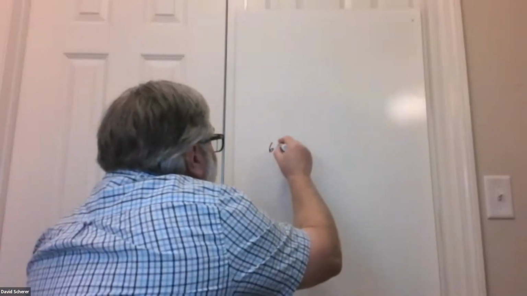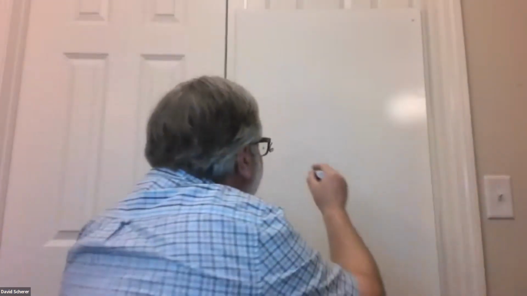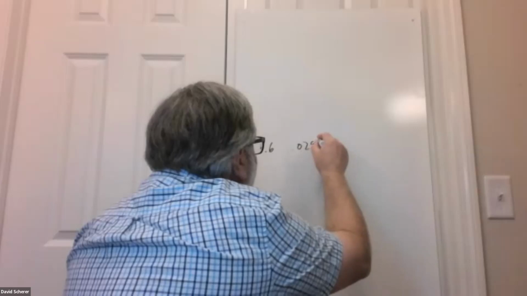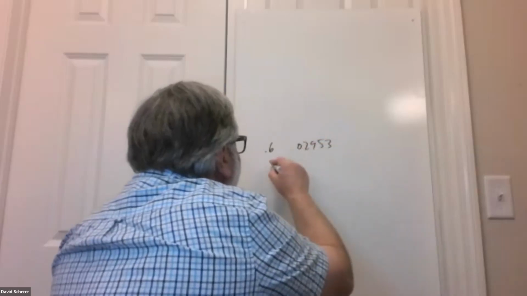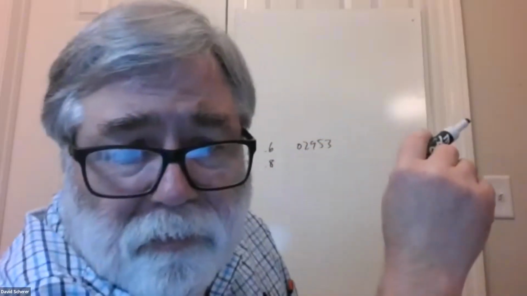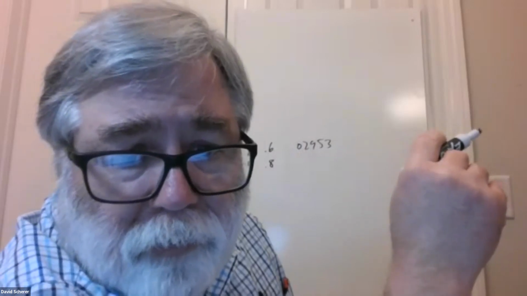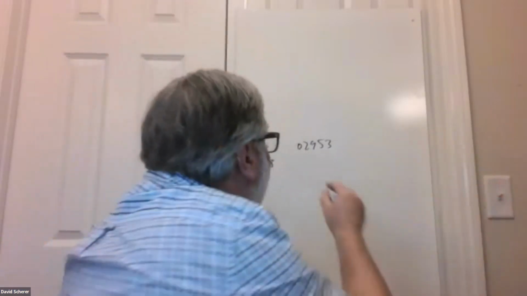Makes sense to me. So here's what we had, okay? At 0.6, the value was 0.2953. At 0.8, it's 0.0288.